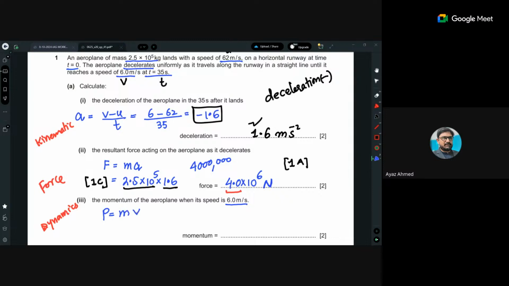So P is equal to M times V. Mass is 2.5 into 10 raised to power 5, and speed is 6 meters per second. So it would be 2.5 times 6, which is 15 into 10 raised to power 5 newton second. Or you can write your answer as 1.5 into 10 raised to power 6 newton second. Got it? This will award you 2 marks.